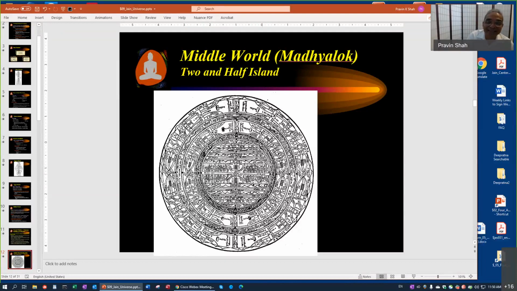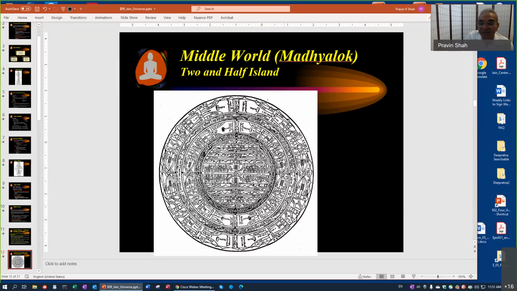If you rotate that 90 degrees, what you will see right around the Mount Meru is the Mahavidya Kshetra, sorry, not Jambu Dweep. Surrounding Mount Meru is the Mahavidya Kshetra.